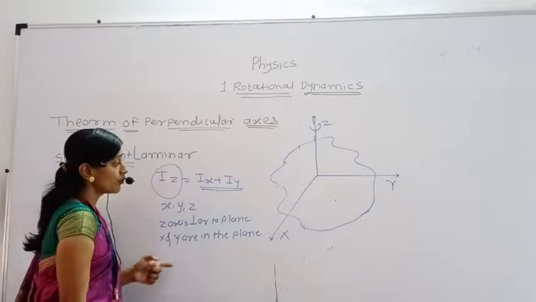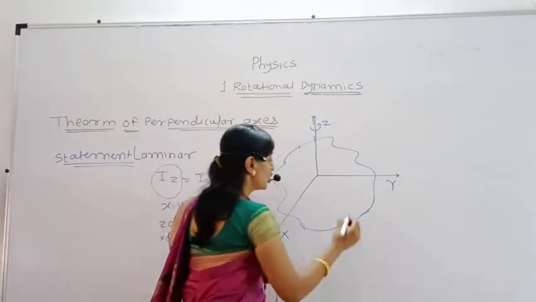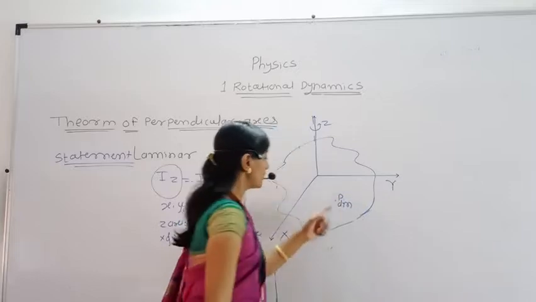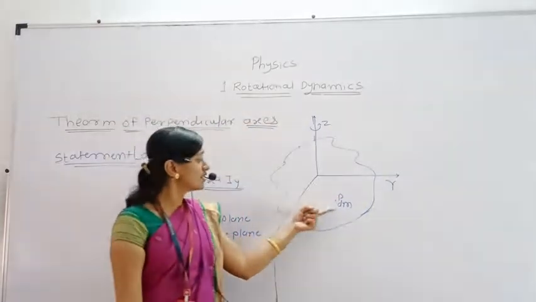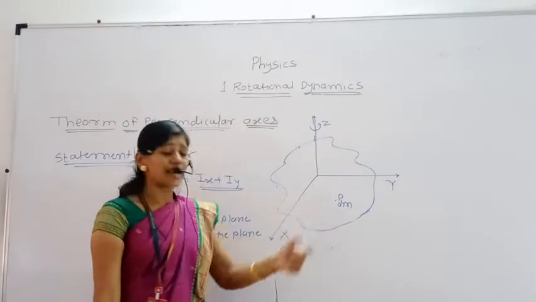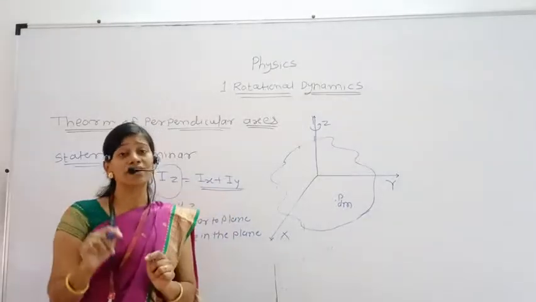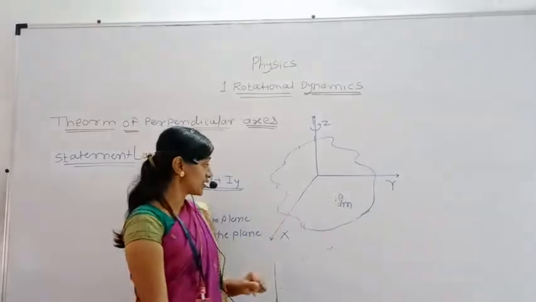Now consider a small element having the mass dm. It is situated at a point P. Here we are going to consider one point P. At that point, the laminar body's small element having the mass dm is situated.